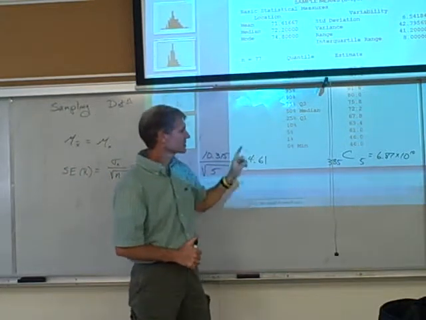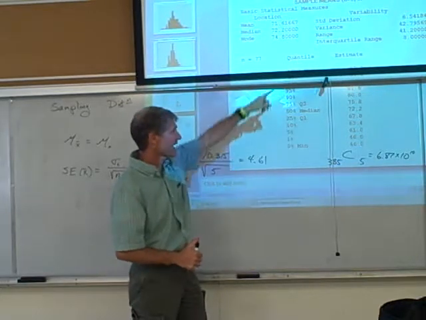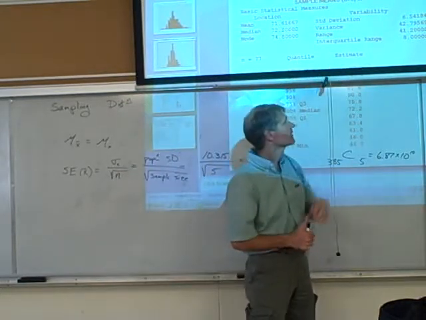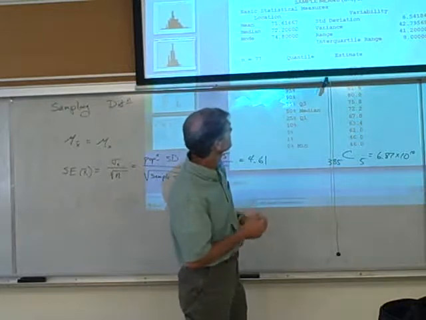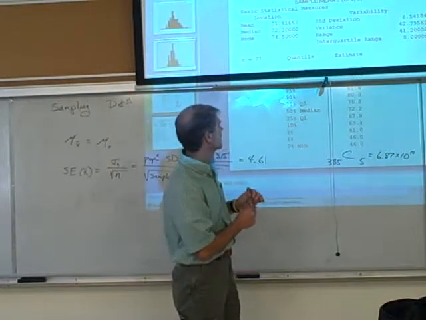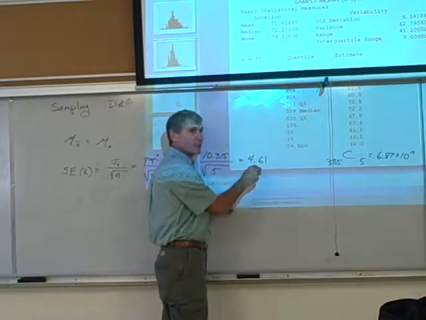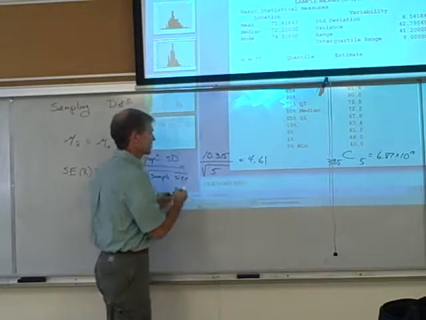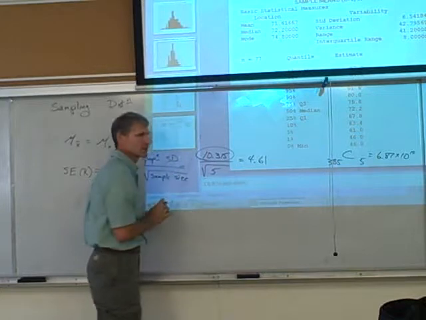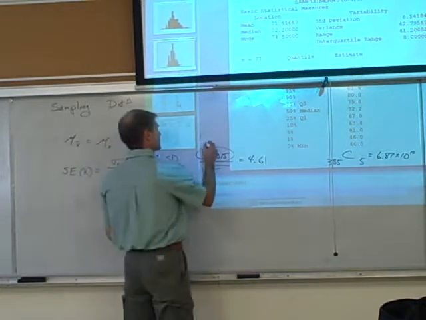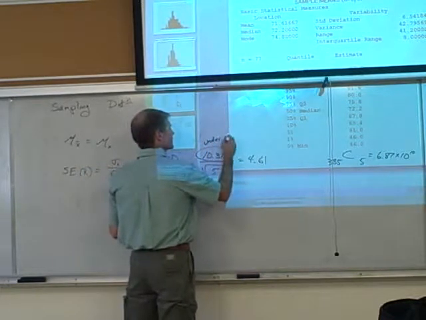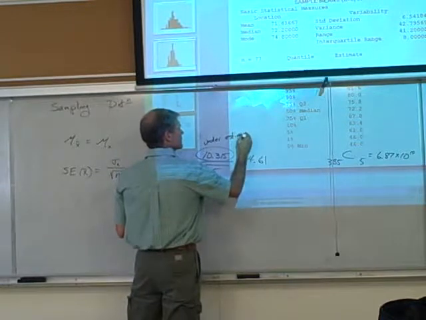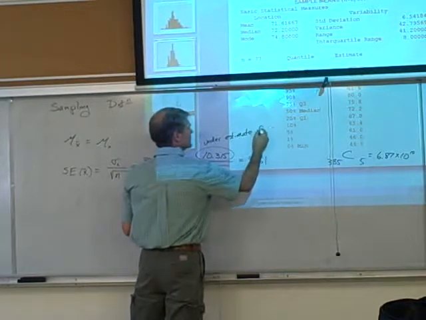Right? But there's another reason why this number is a little too small. This is an underestimate of sigma.